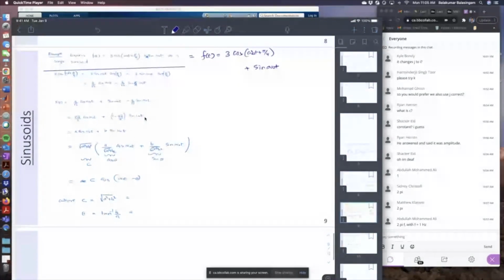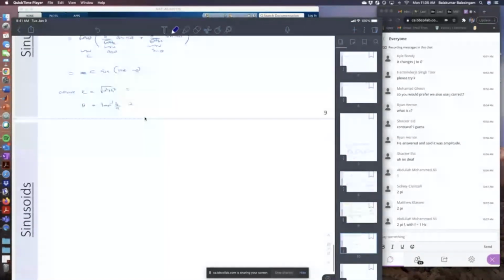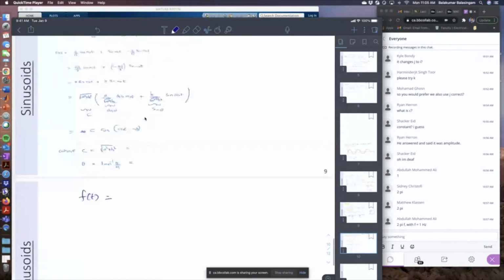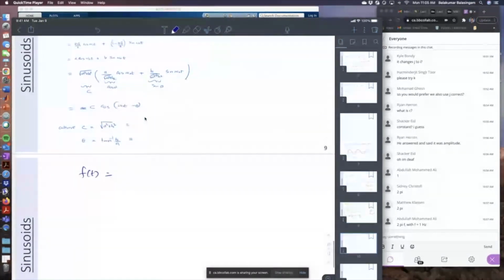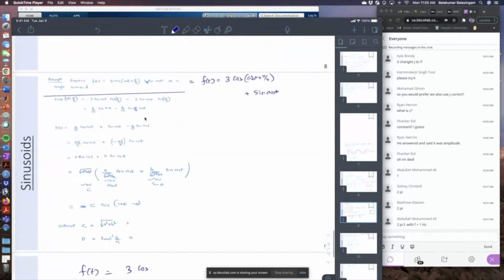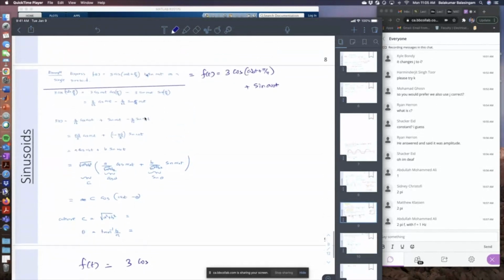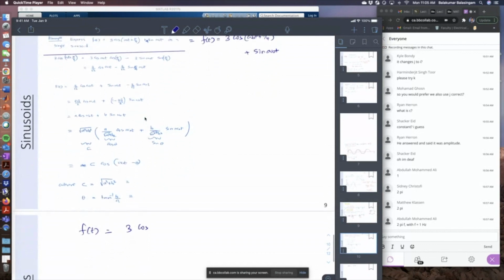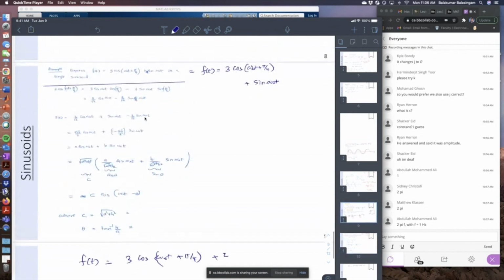Okay, probably I might have copied something. So the question is, f(t) is 3 cos(ω0 t + π/4) plus 4. Oh, okay, it's right. It's right.